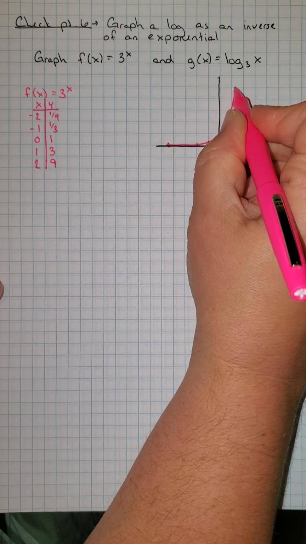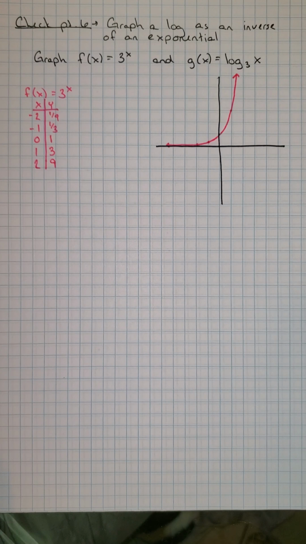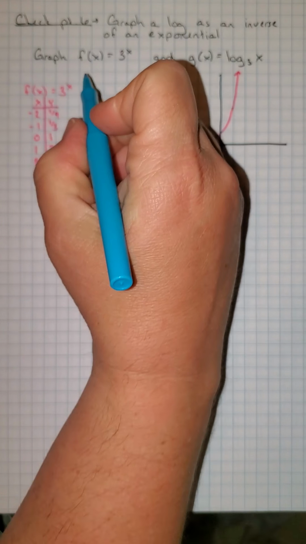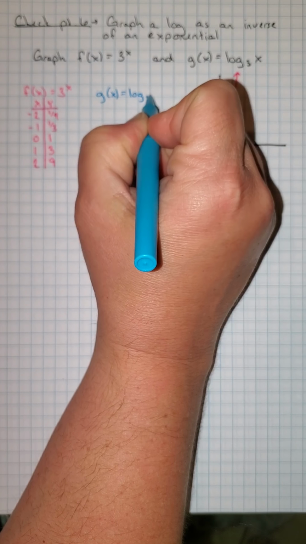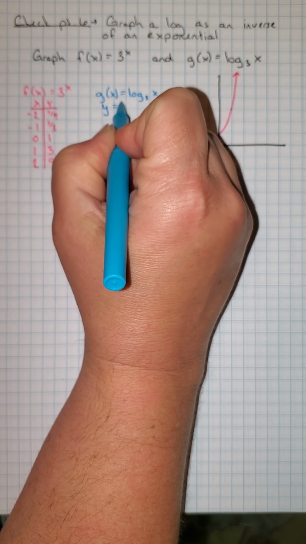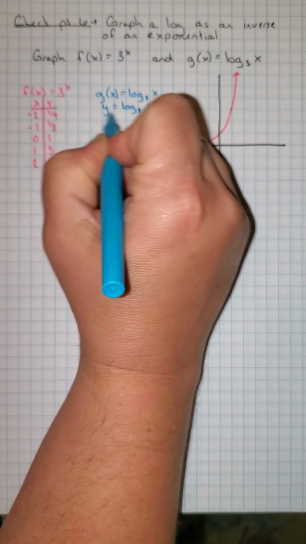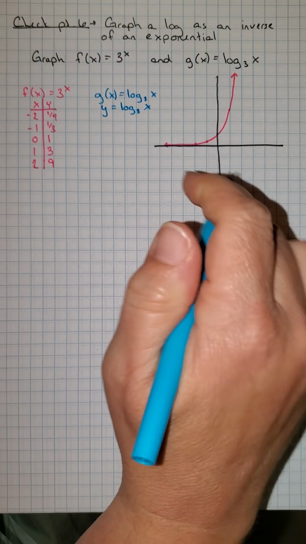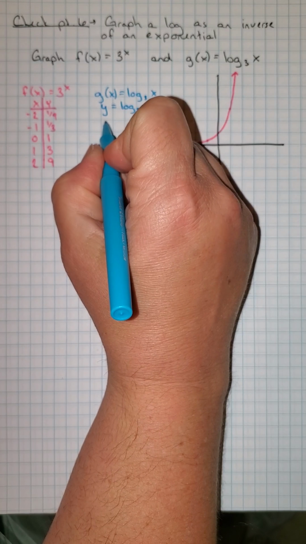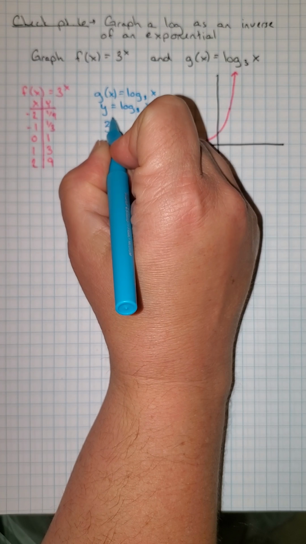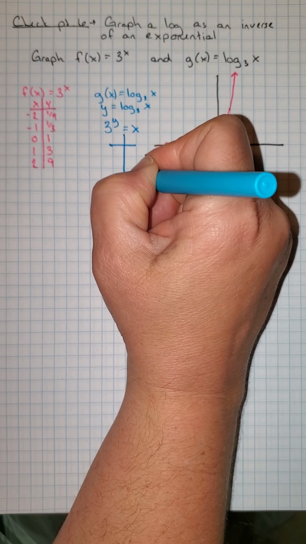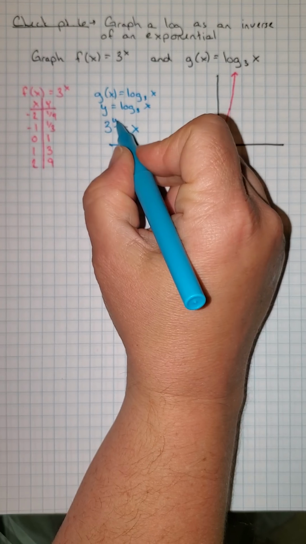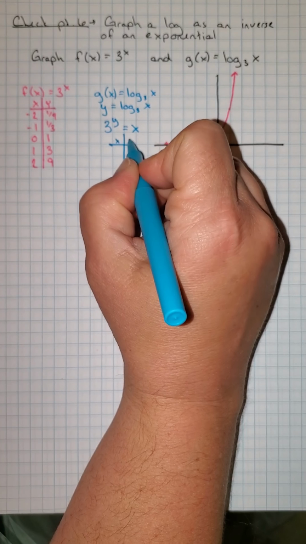Now remember what an inverse is. An inverse is when you flip the x's and the y's. So let's see what happens when we go to graph g of x equals log base 3 of x. First thing I'm going to do is make it y equals log base 3 of x. And I can't make a table out of values of that. So instead, I'm going to take it out of log form. I'm going to make it 3 to the y equals x, which looks just like this, except instead of putting our numbers in for x, we're going to put our numbers in for y.